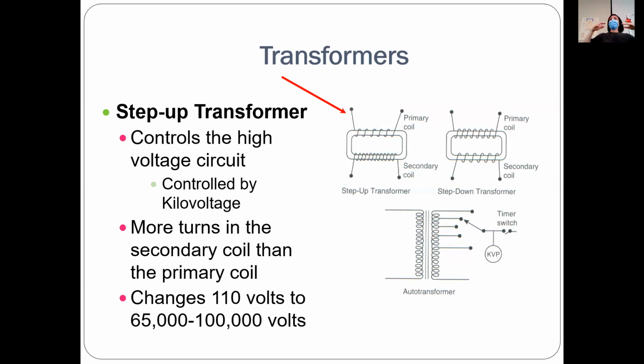In my educated guess, I would say the step down transformer is always active because there's always an electron cloud. There's always electrons at your disposal. So I believe that the step down is probably always in effect. And then the step up just happens when you push the button to expose your X-ray.